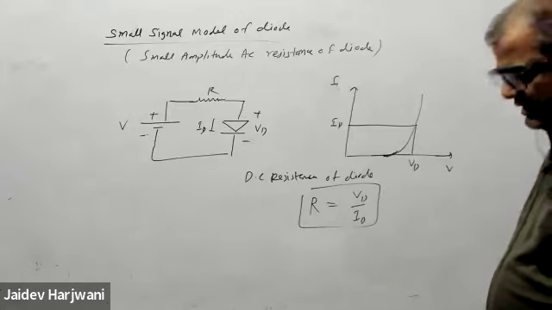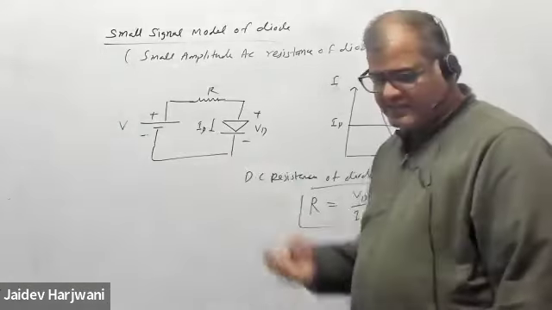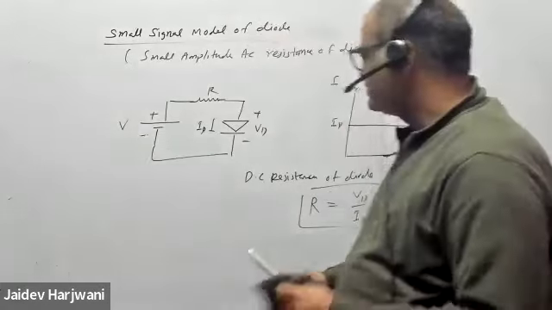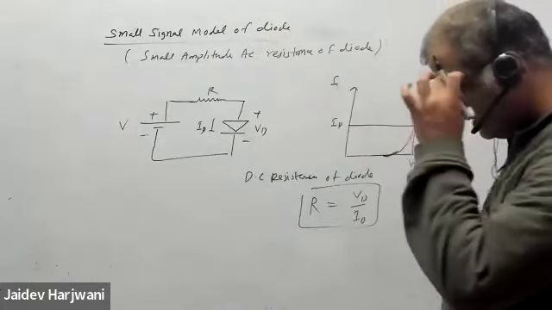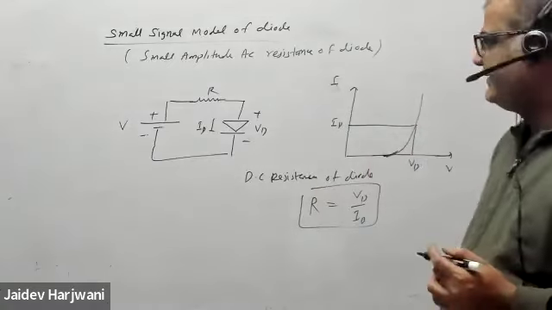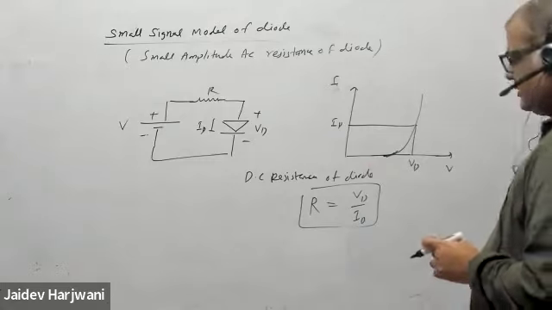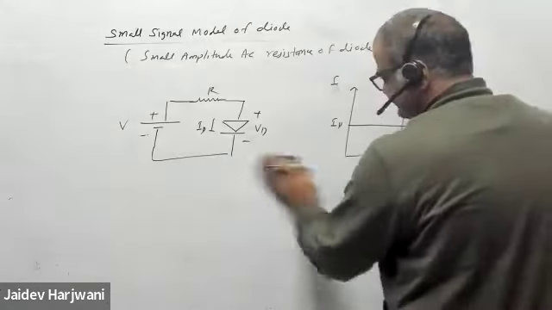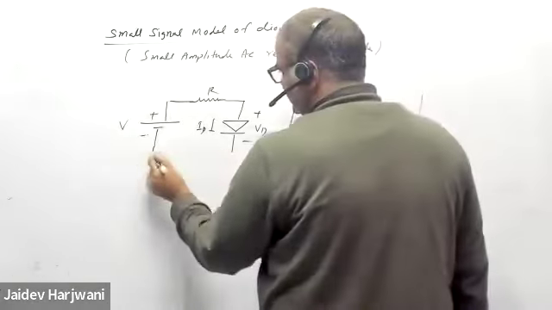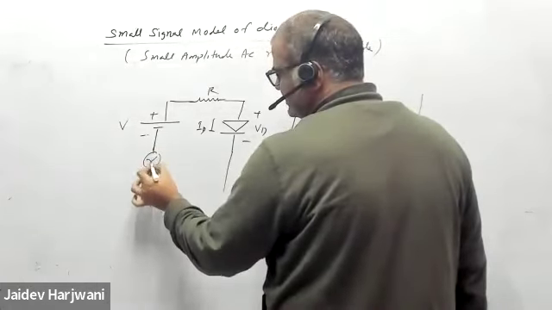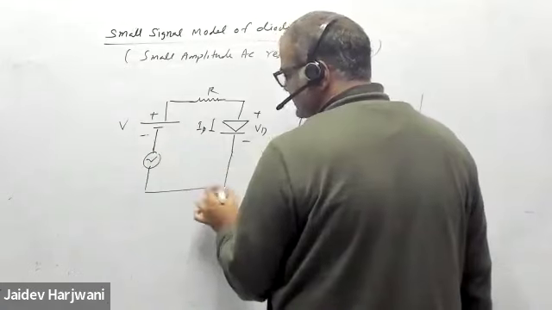Now say if I'm applying an AC source here, then what will happen? If I'm applying an AC source to the diode, how do we find the AC resistance? Let us say now along with this DC source, I am putting a small amplitude AC source also here.